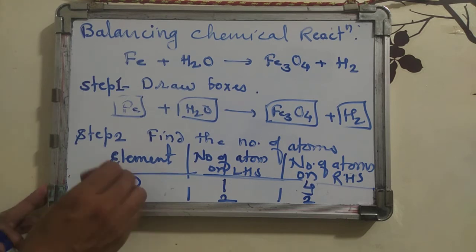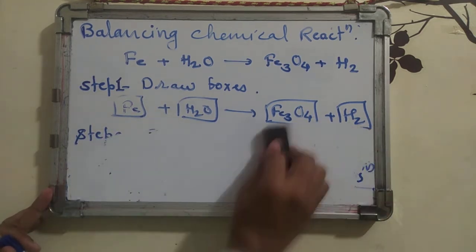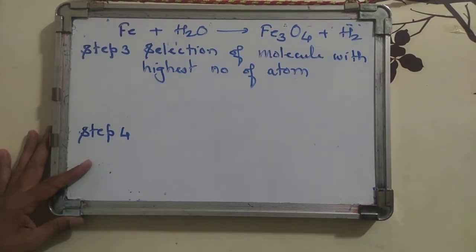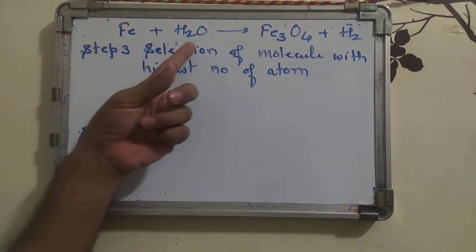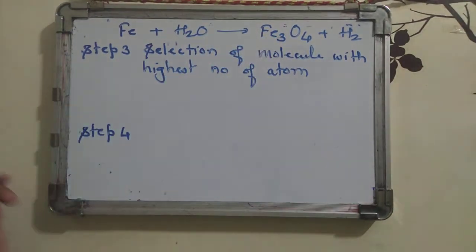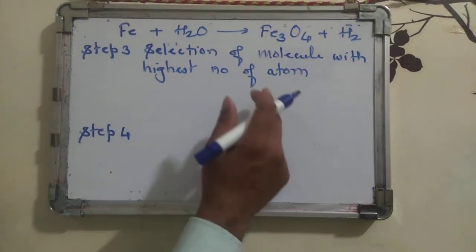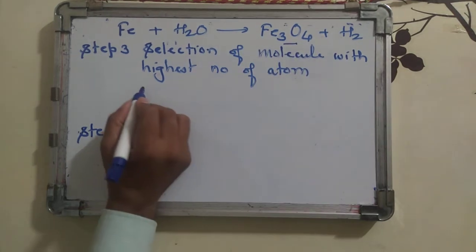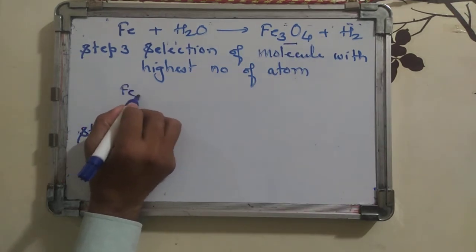In the third step, we will find out what to do. Let's see. Now see, in this reaction, Fe plus H2O is equal to Fe3O4 and H2. Which molecule contains the highest number of atoms? That is Fe3O4, so here we will select Fe3O4.